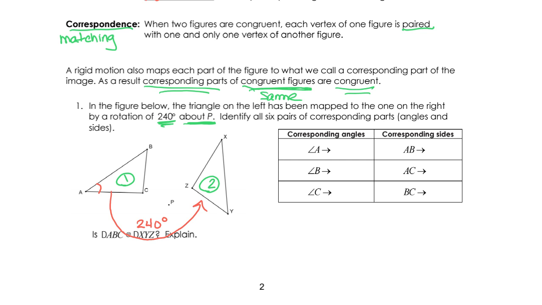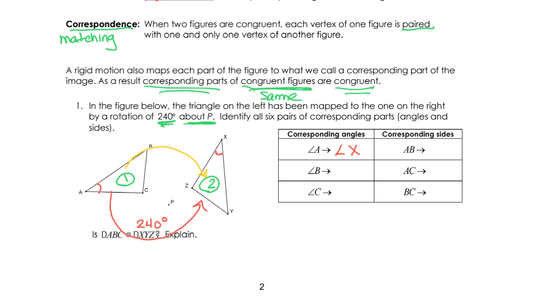All right, so if you can pretend like you're spinning this triangle around, and it's hard to do sometimes because you get lost, but if there's a shorter way of spinning it and figuring out who matches with who, for instance, guys, if you want to rotate it this way because it's easier to tell that A is going to go with X, you can spin it that way, instead of going 240 and trying to turn it as you're thinking about it. All right, but angle A is going to go with angle X.